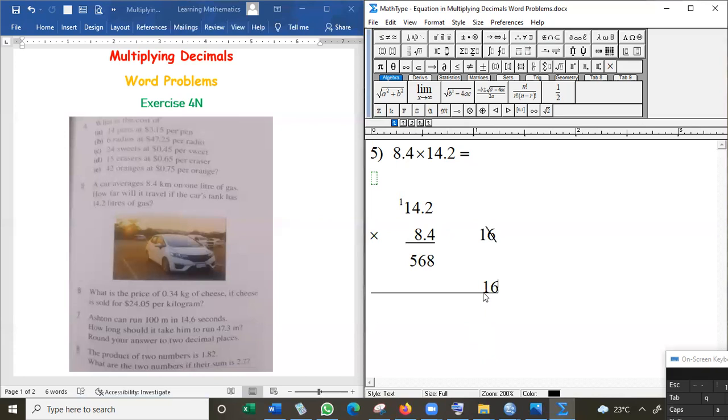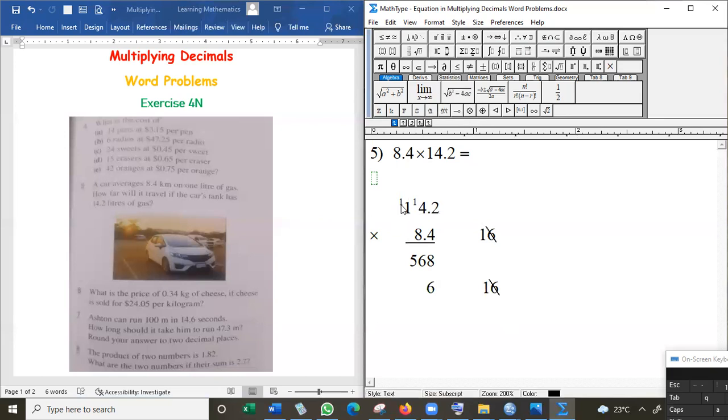Another 16. All right, it was a 16. Bring down the 6. Put the 6 right there by the 8, and carry the 1, put it up by the 4.